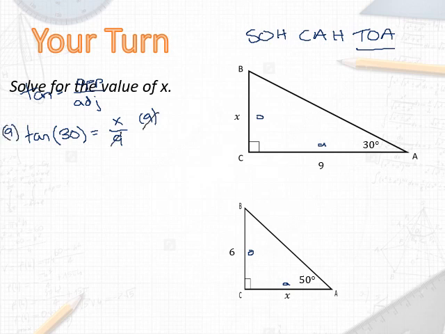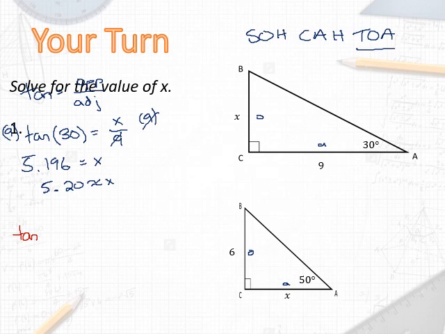They cancel over here, so 9 times tan of 30 is equal to x. 9 times tan of 30 is 5.196, which would round to 5.20. Pretty straightforward, right?